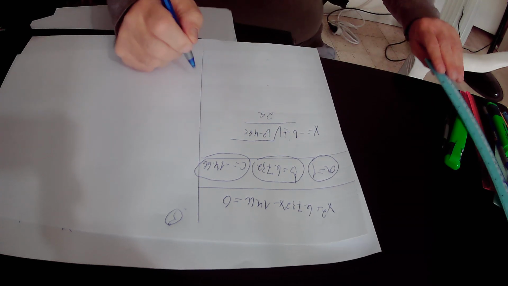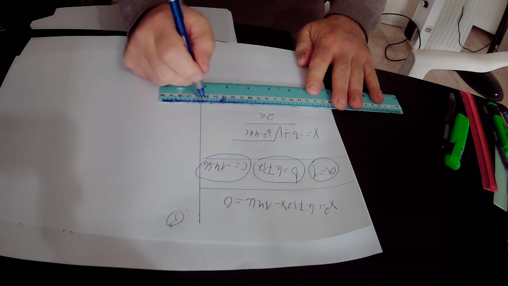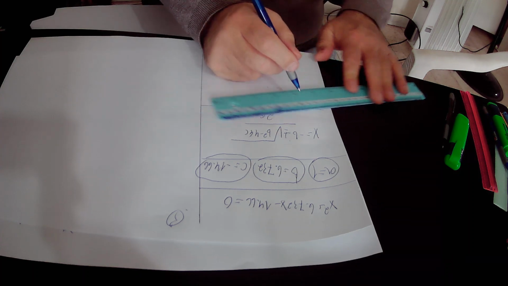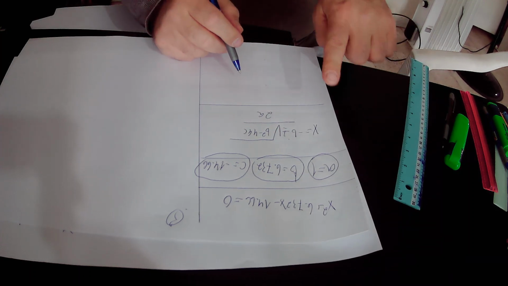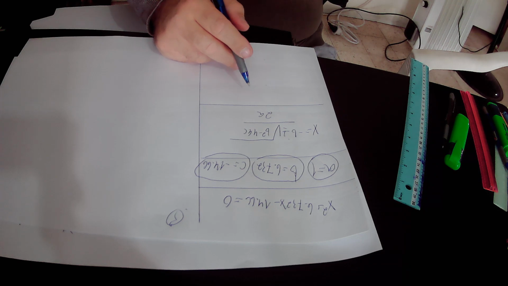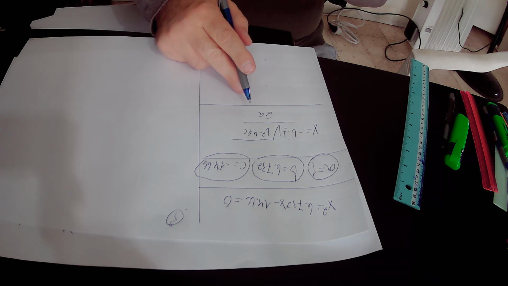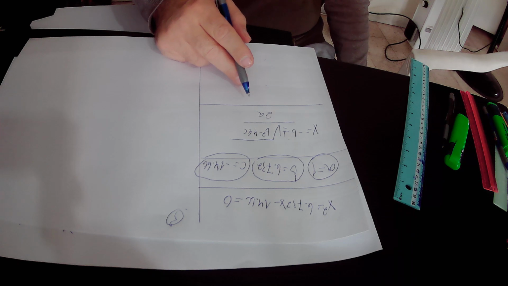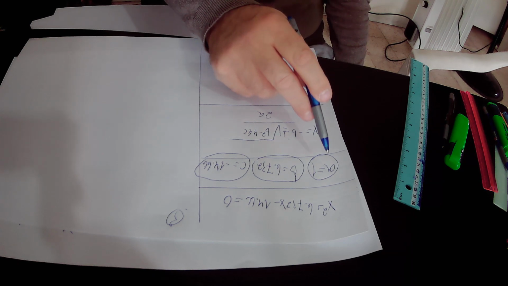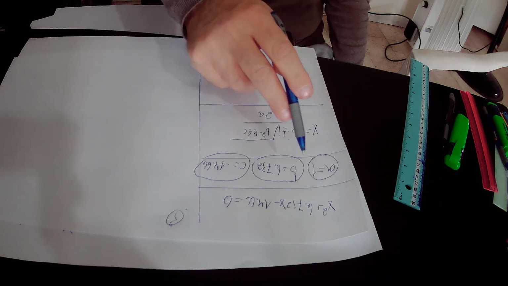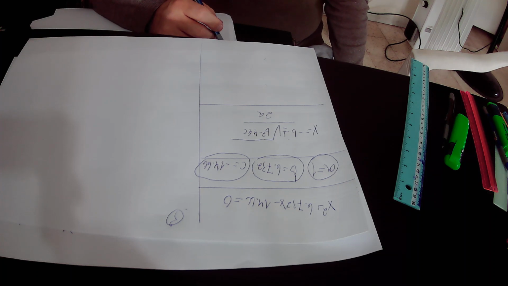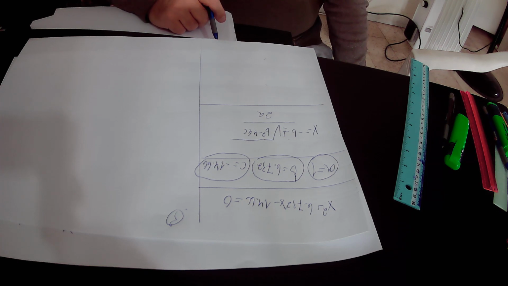Again, we put the values of a, b, and c into this general formula for x, in order to find the values of x for our specific quadratic equation, x squared plus 6.732x minus 14.66 equals 0.